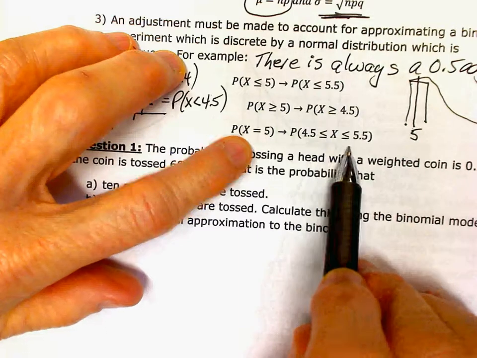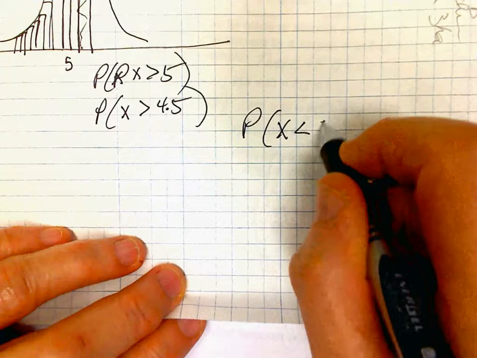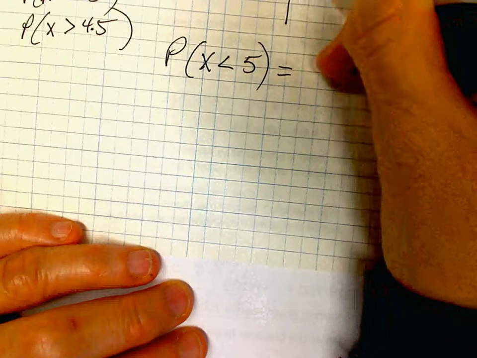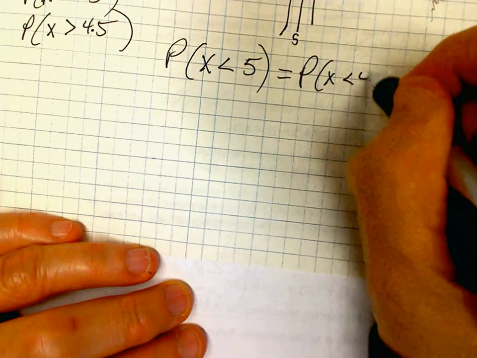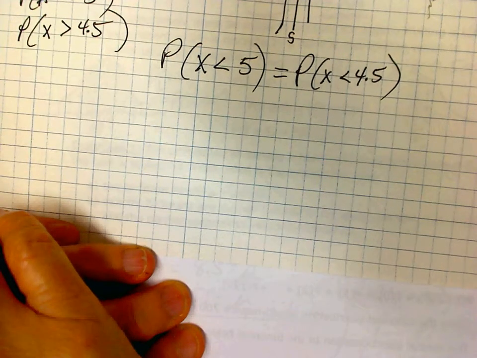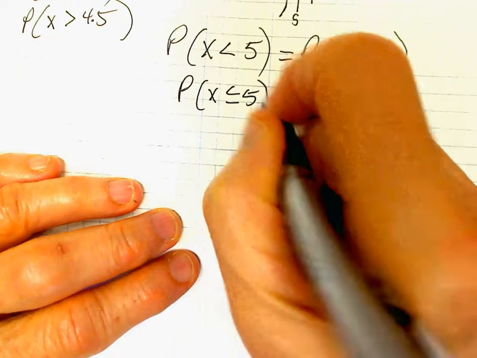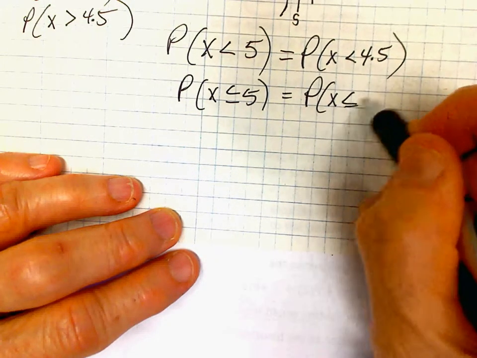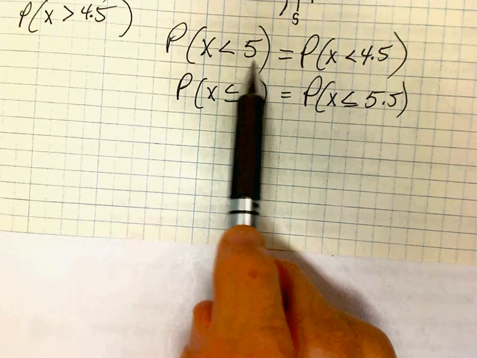However, if the probability is x less than 5, we do not want the 5 included at all. We're going to have to go probability is less than 4.5. If we want the probability x is less than or equal to 5, then we want the probability x is less than or equal to 5.5. Do you see the difference? Here we don't want any of the 5 box included.